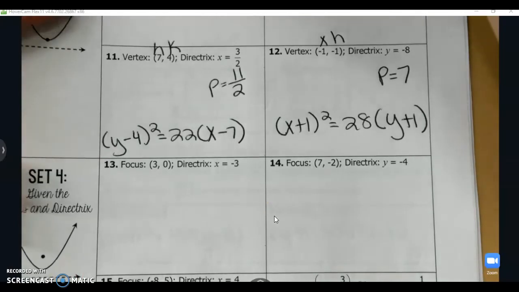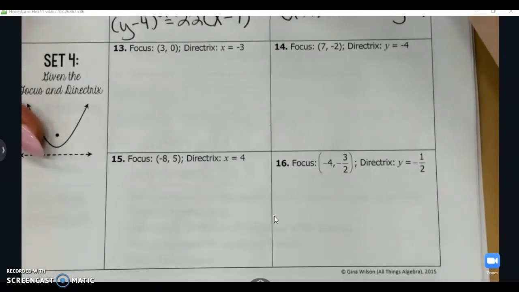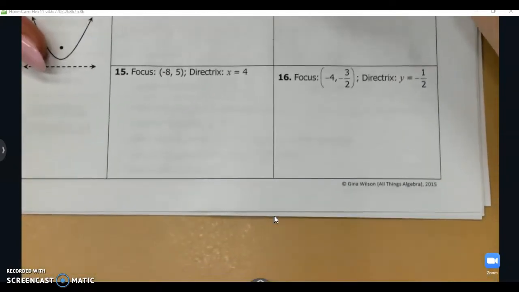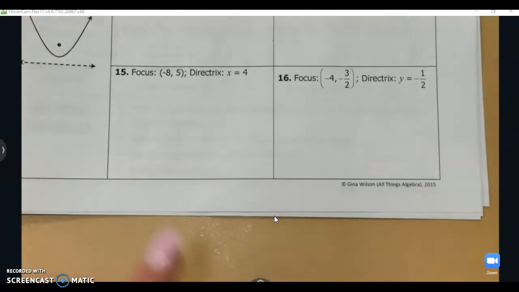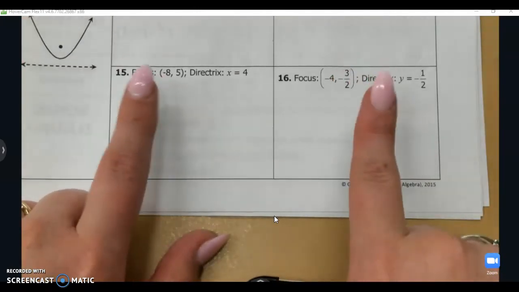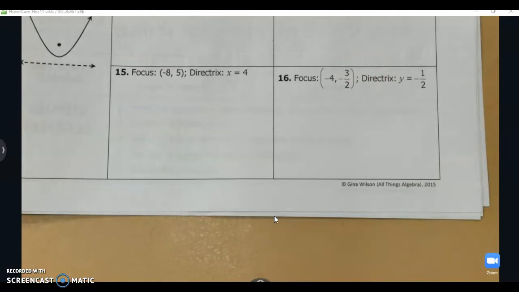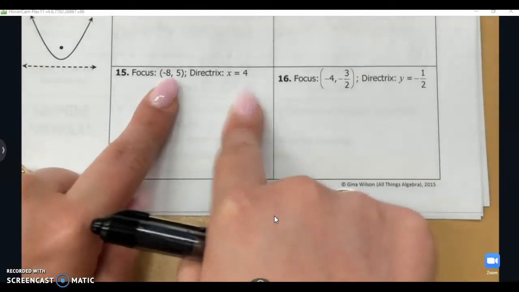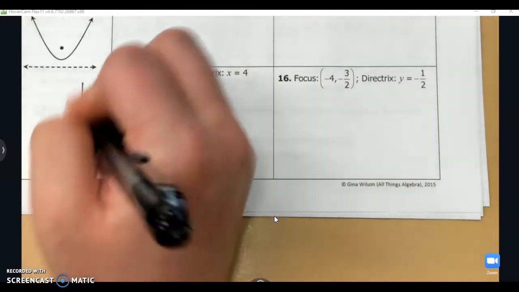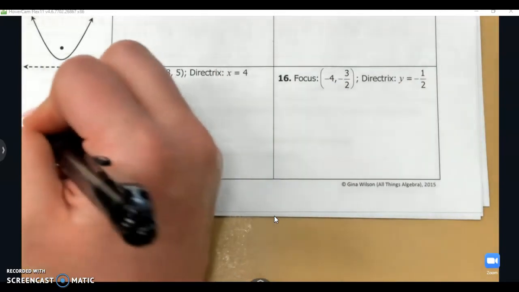The last type we're going to be looking at is when we have the focus and the directrix. And again, I'm going to skip 13, 14 because the vertex is at the center, at the origin. So again, we need to find the vertex and we need to find P. So if this is my focus and this is my directrix. Again, if you need to do a quick sketch, that's totally fine.